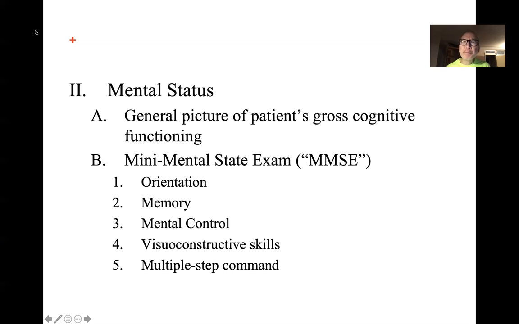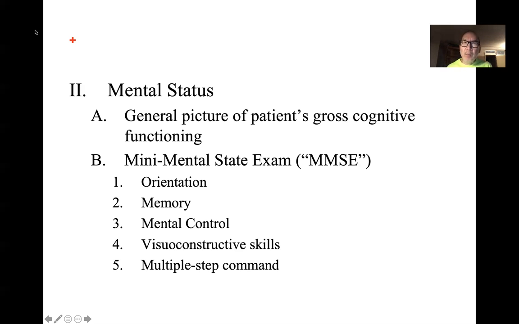Because it's quick and dirty, it's very good at giving you a general picture of the patient's cognitive functioning, but it's not meant to take the place of neuropsych testing. It can determine whether you need to do neuropsych testing and what areas may be particularly necessary for testing.